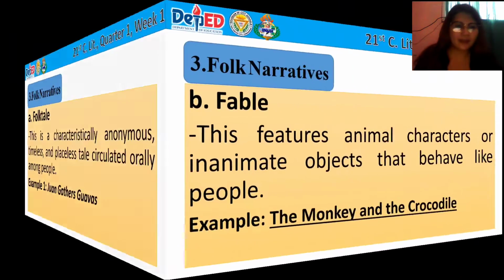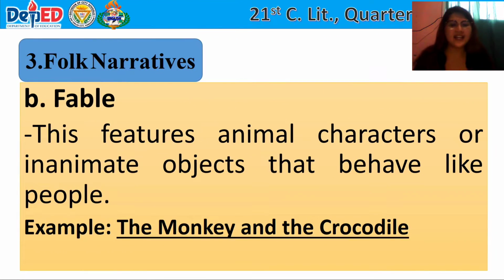Next is fable, or in Tagalog we call it fabula. This is a story whose main characters are animals. So here, animals would behave or would acquire the abilities and the feelings of human beings. Just like, for example, the monkey and the crocodile, or the story of the three little pigs. We all know that animals cannot talk.